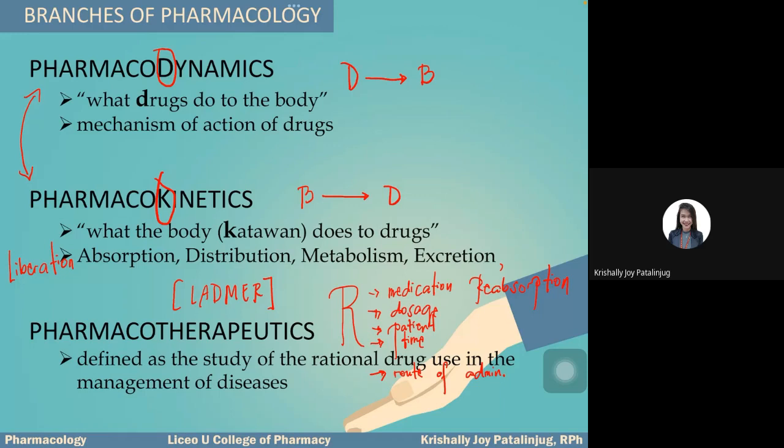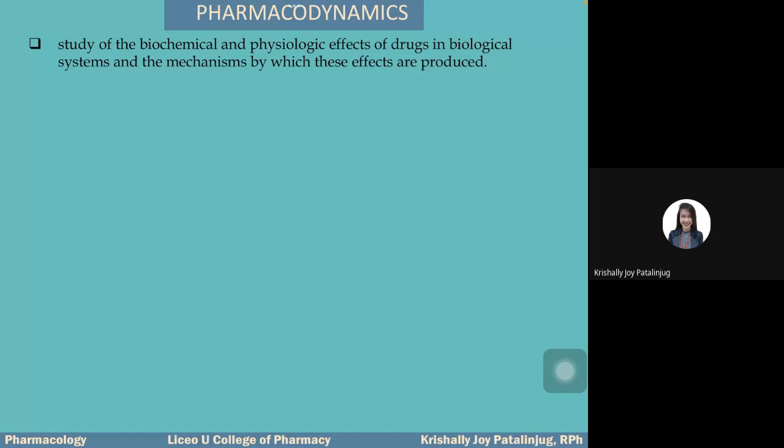So again, pharmacodynamics focuses all about the mechanism of action of drugs. So let me read. By definition, pharmacodynamics is all about the effects of drugs, the biochemical and physiological effects of drugs in our living system.